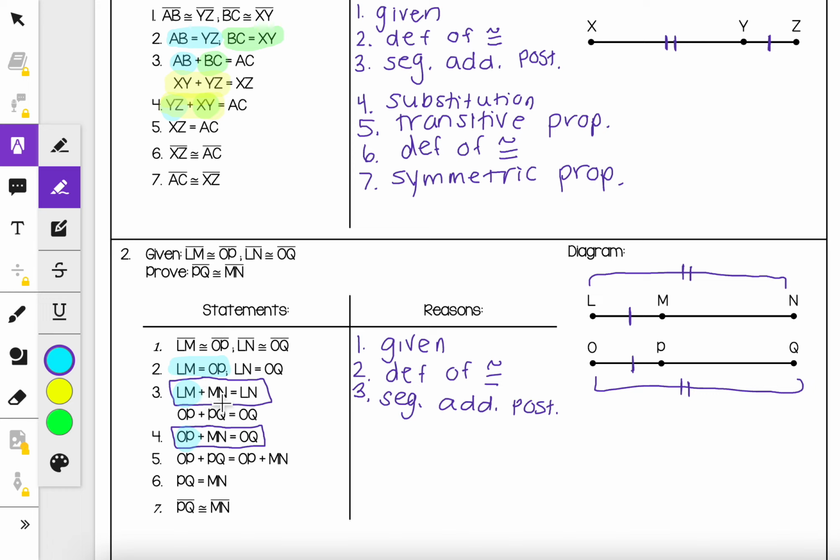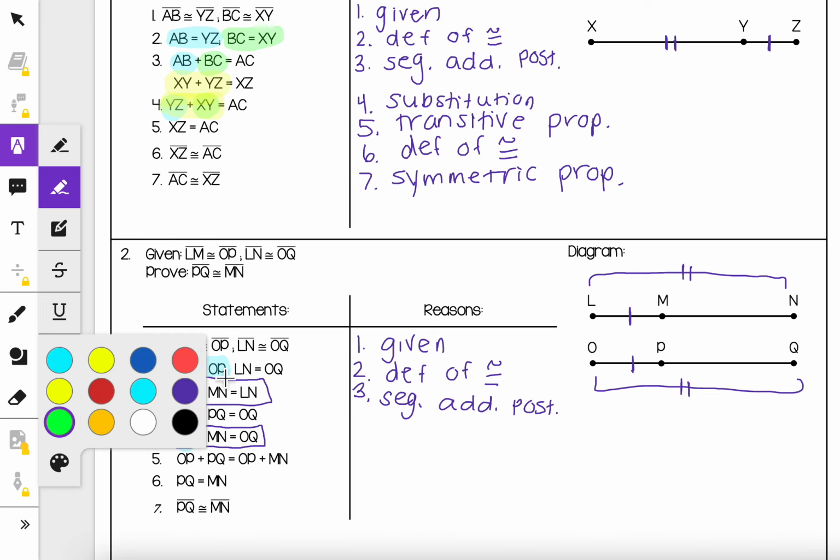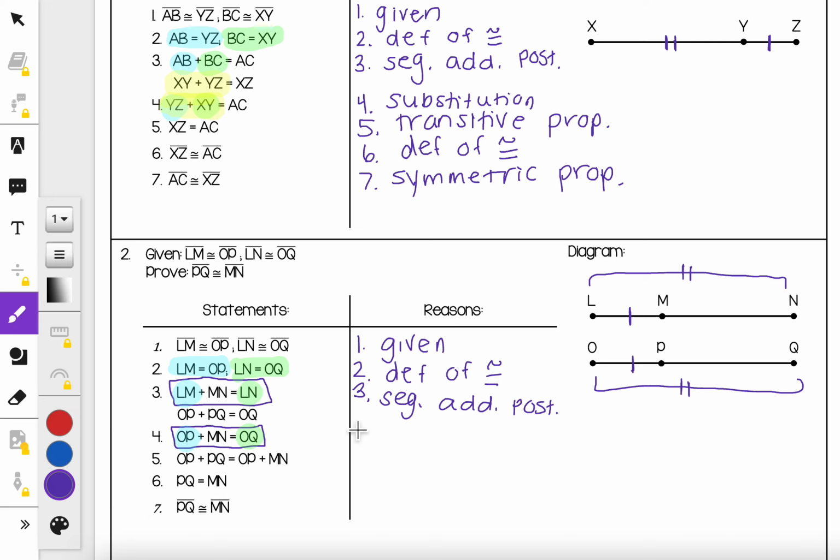I don't know anything about MN right now, okay? So I just leave MN as MN. And then I get to LN. LN is equal to OQ, so I am going to substitute in OQ there. All right, so I'm taking that first equation and I'm just doing some substitution and seeing what happens. All right, so I did some substitution.